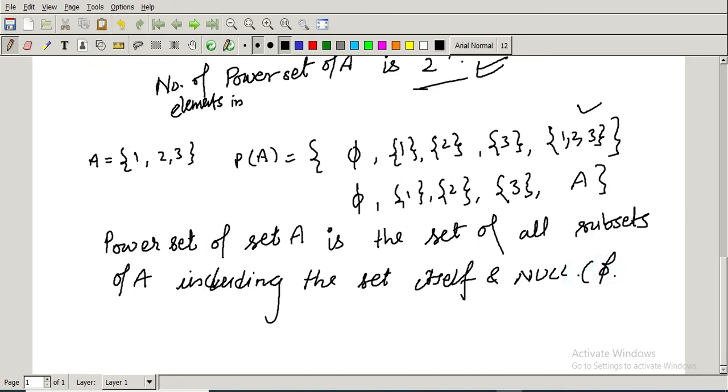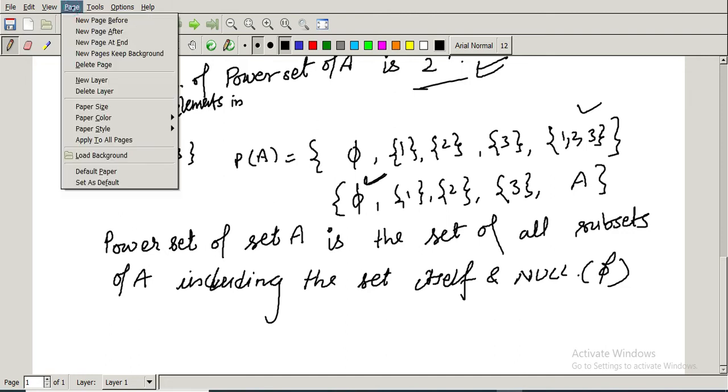This is represented as P. So this is the definition of power set. If you don't know the definition, I have just written it for you. And now come to the proof.